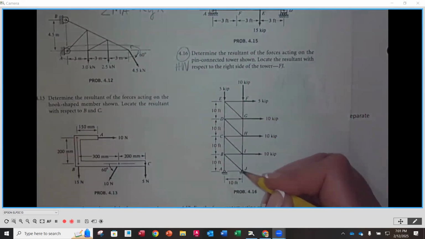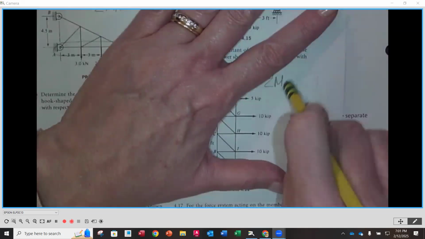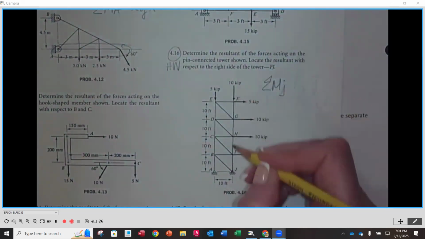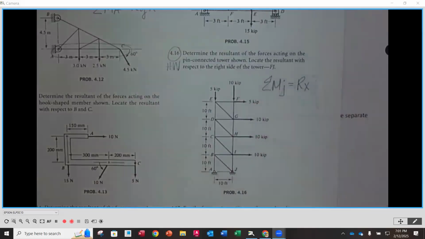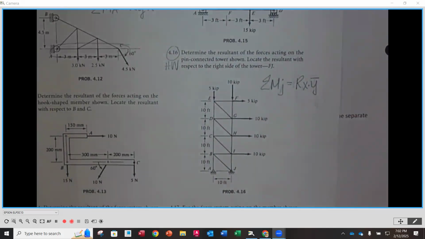So you are going to sum your moments around, or not around A, you're going to do it around J because it wants it with respect to this line right here. Sum the moments around J. You're going to use your RX component and it's going to be multiplied by a Y bar. So your Y bar is going to be locating that resultant.